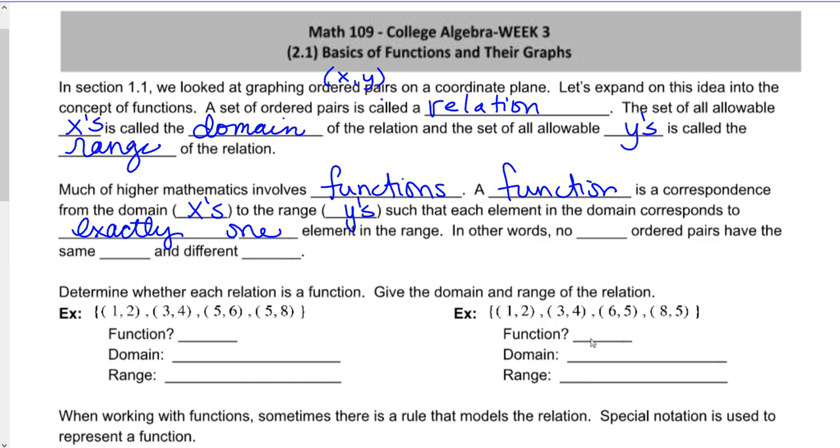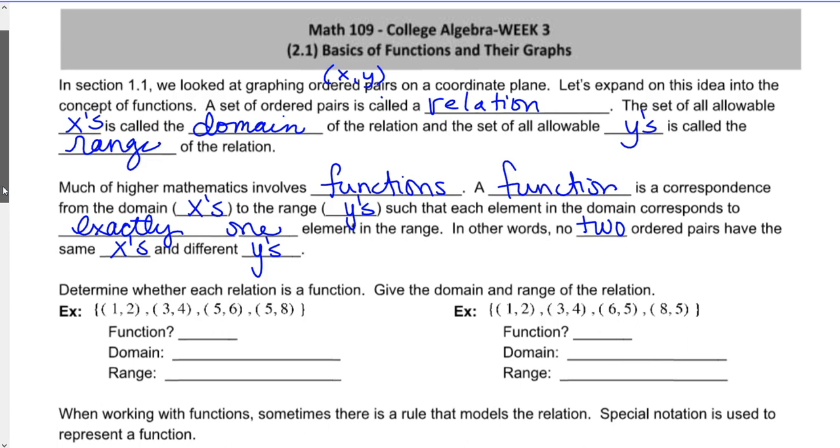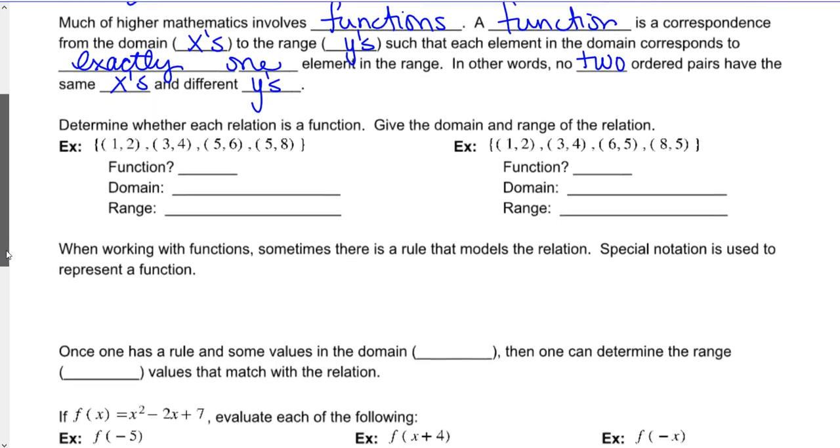In other words, no two ordered pairs have the same x's and different y's. So I can only have one x going to one y. I could have another x going to the same y, but I can't have two x's going to two different y values.